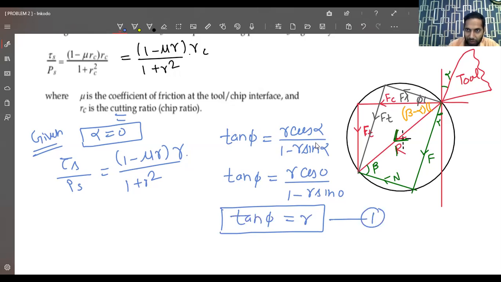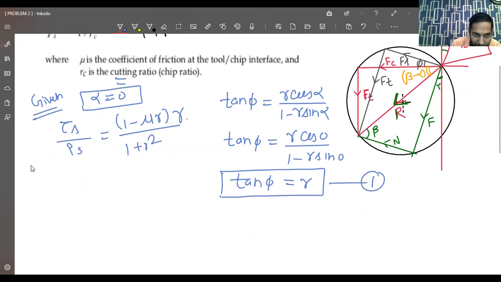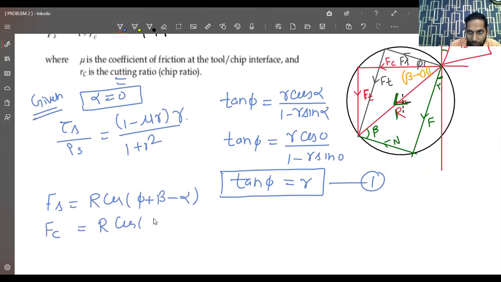From the merchant circle I can write Fs is equal to R cos (phi plus beta minus alpha). Yes, I can write it again, Fs is equal to R cos (phi plus beta minus alpha). And we know that I can also write Fc is equal to R cos (beta minus alpha), from the merchant circle, from this triangle.